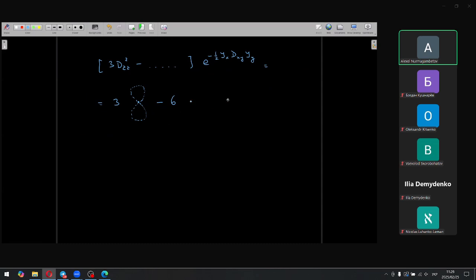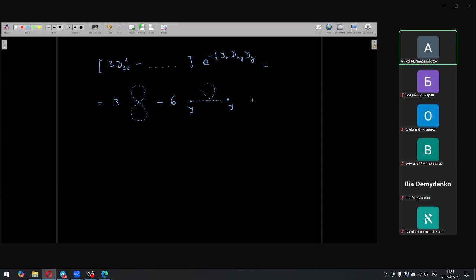So let's take these points x and y and external sources here, J and J. Then in this combination, we have a propagator from point x to point z, a propagator from point y to point z, and a propagator which starts and ends at point z. So again, we have a loop here.